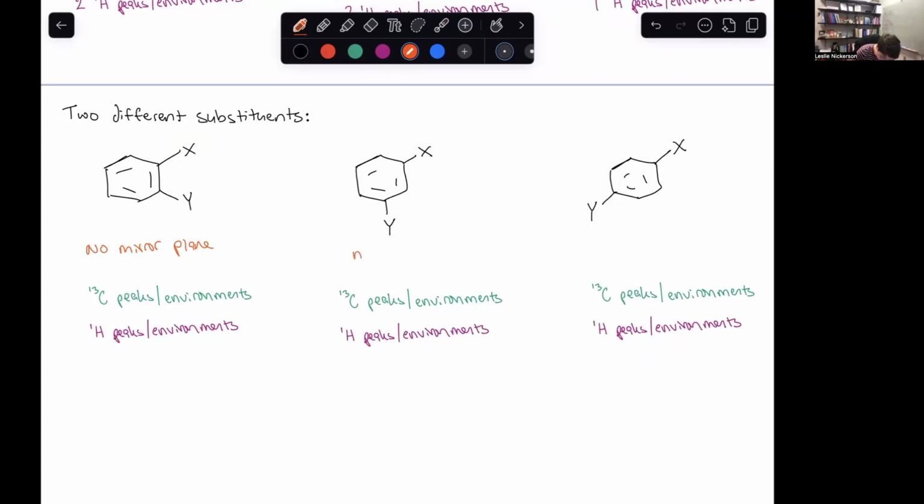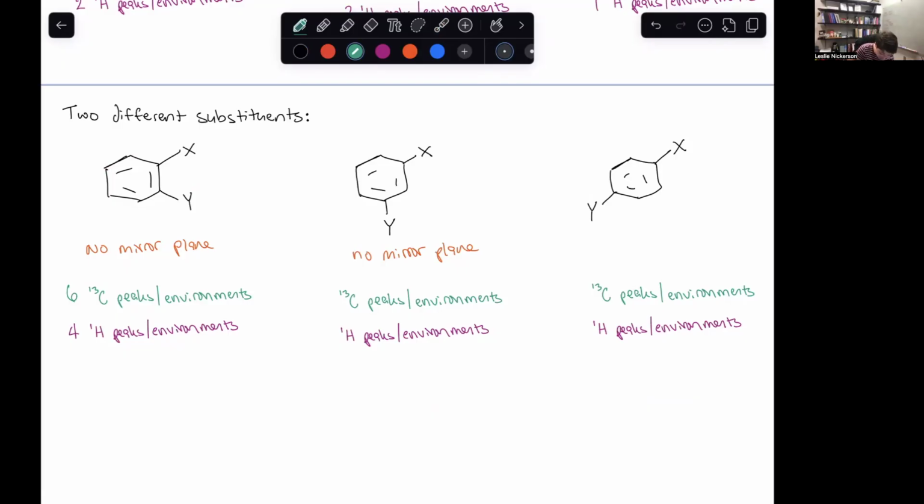In both my ortho and my meta examples. Okay, so if I don't have any mirror plane there, they're all going to be unique environments. So in that case, I'm going to have 4 proton peaks and 6 carbon peaks. Okay, because we don't have any planes of symmetry, they're all unique.